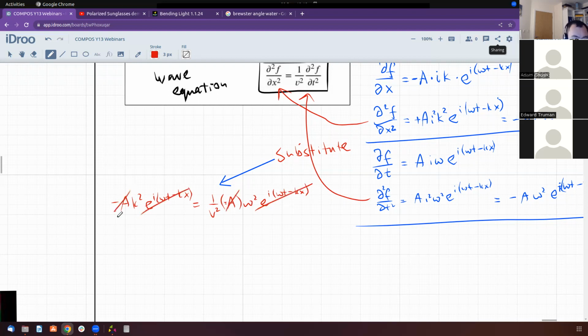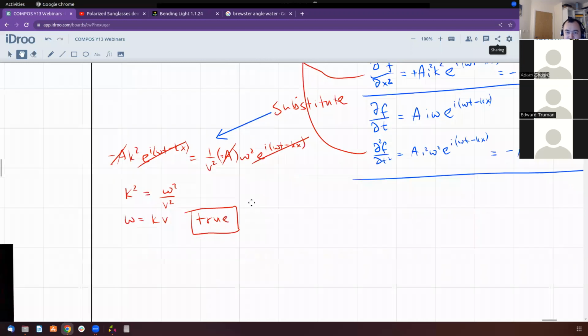Minus a cancels, and we're left with k squared equal to omega squared over v squared. So omega is equal to kv, which is true. Plus minus technically, but omega can't be negative. So this is a wave equation.